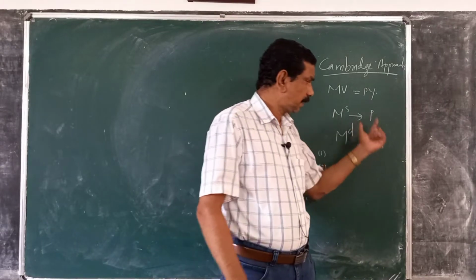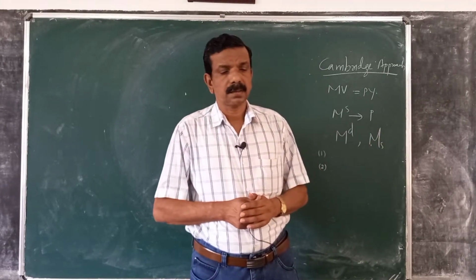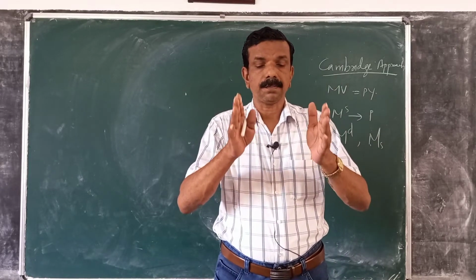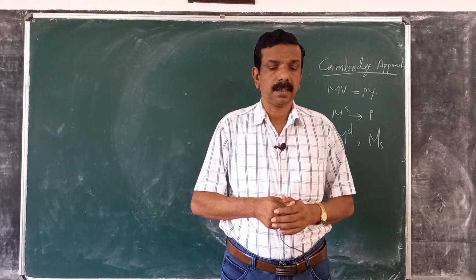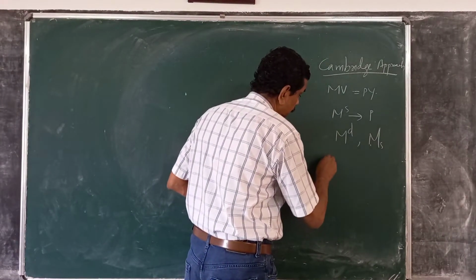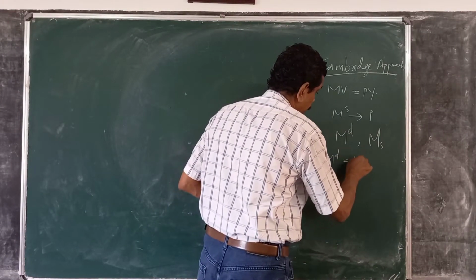Now, Marshall and other Cambridge economists assumed that demand for money is proportional to income, and the Cambridge equation is written as MD is equal to KPY.